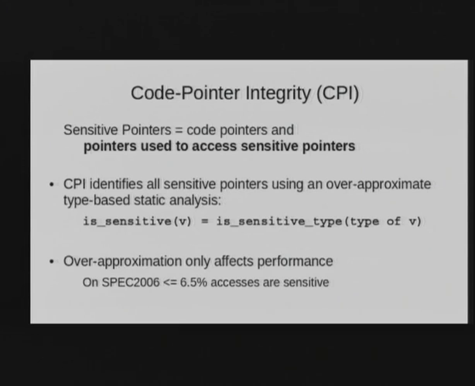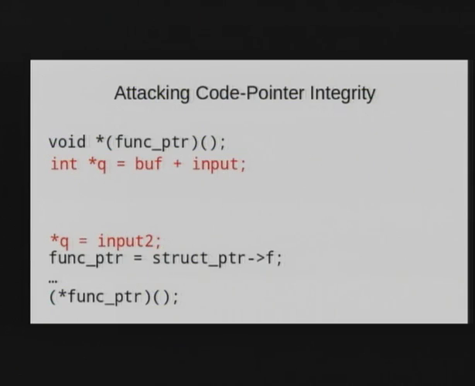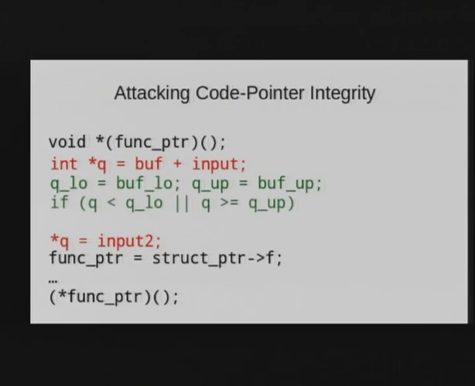So how can we attack code pointer integrity? We have the same example as before, and let's see what additional instrumentation is actually automatically inserted. We do have the lower and upper bounds of the pointer, and we do run the bounds check before the pointer is actually accessed, and the attacker can redirect the structure to an attacker-controlled value.